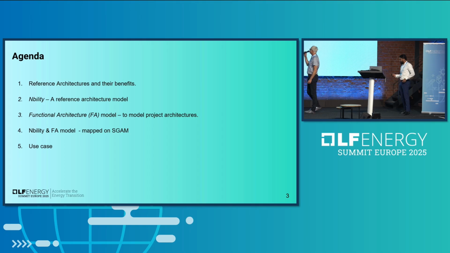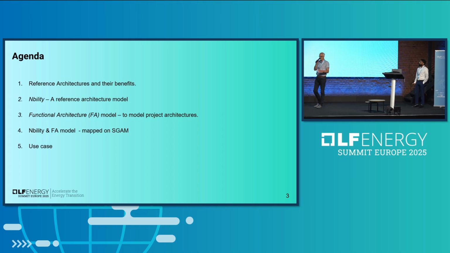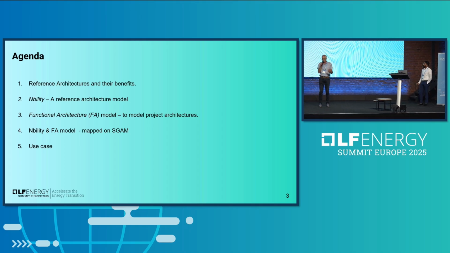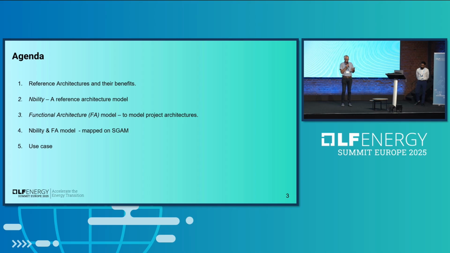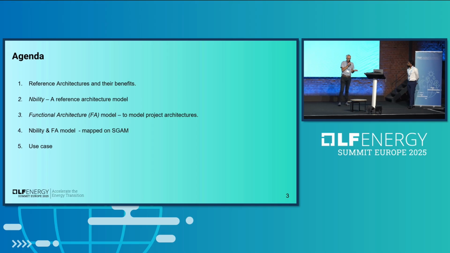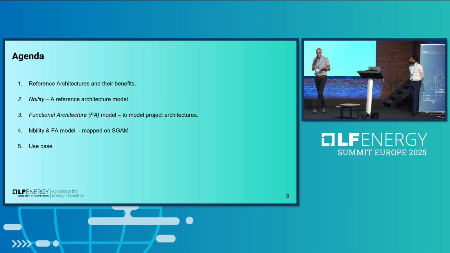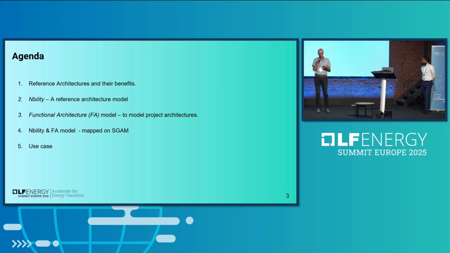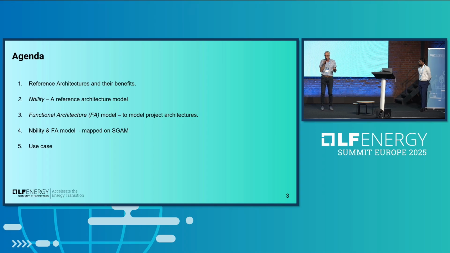Okay, what I want to do with you is tell a little bit about what a reference architecture is and what the benefits are, what kind of use cases you can use this reference architecture with, and where the benefits lie. Last year, we introduced Nbility as a reference architecture and announced this as an open source product.